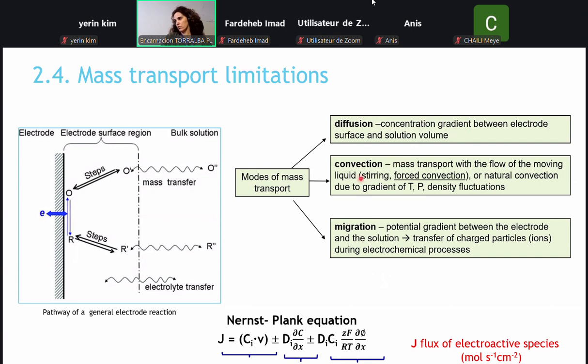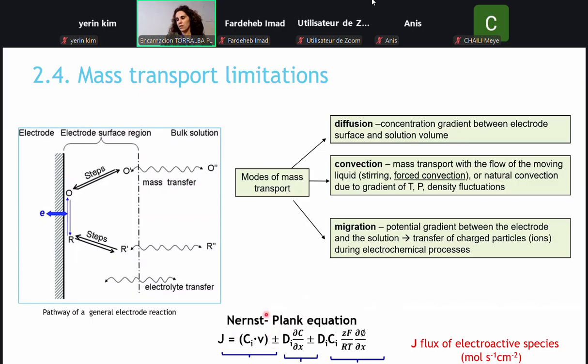The convection was just the mass transport with the flow moving. And the migration was a gradient of potential. Depending on what is interesting for us, because this is very complex, we try to experimentally find ways to neglect some of the 3 terms.